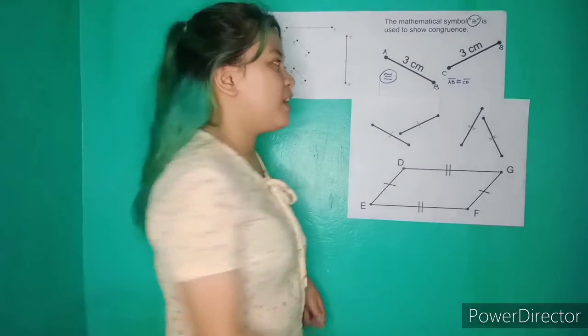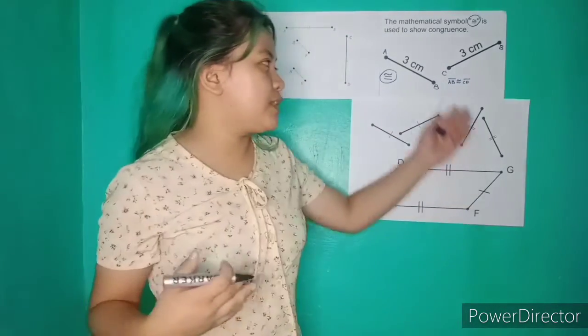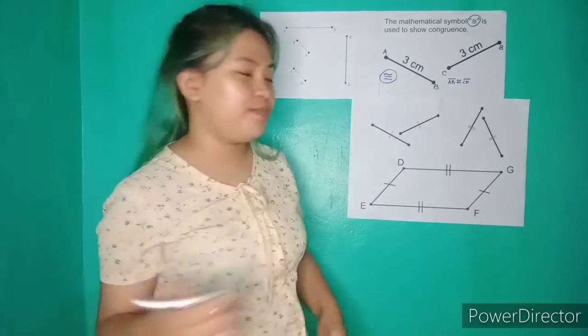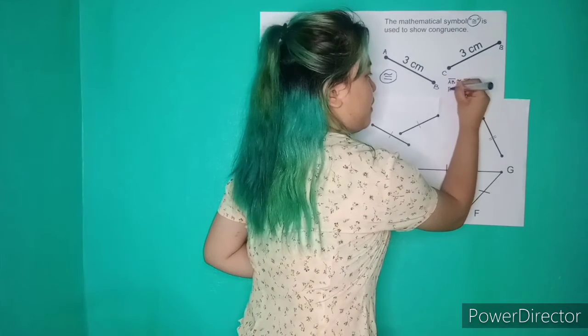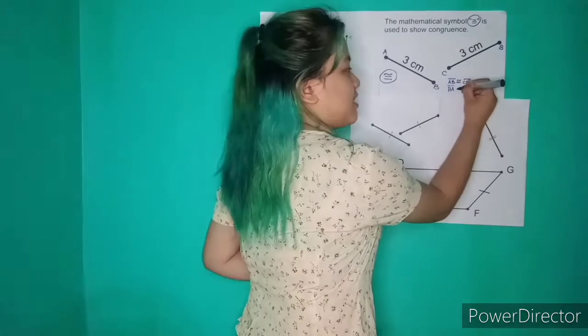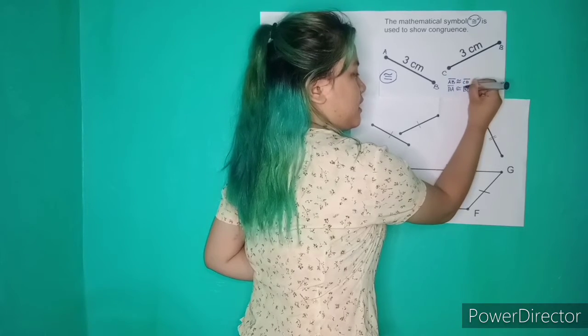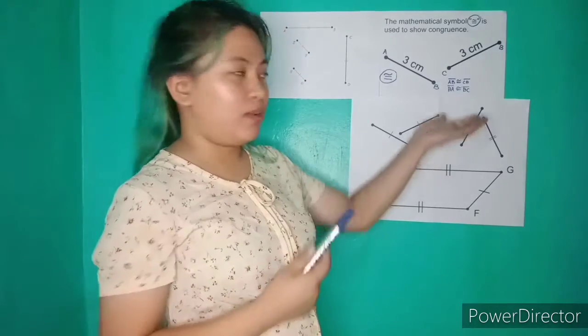Or we can use line segment BA or line segment BC. You can do that. So you can have here BA. It's still the same. Here BC. So this is our example.